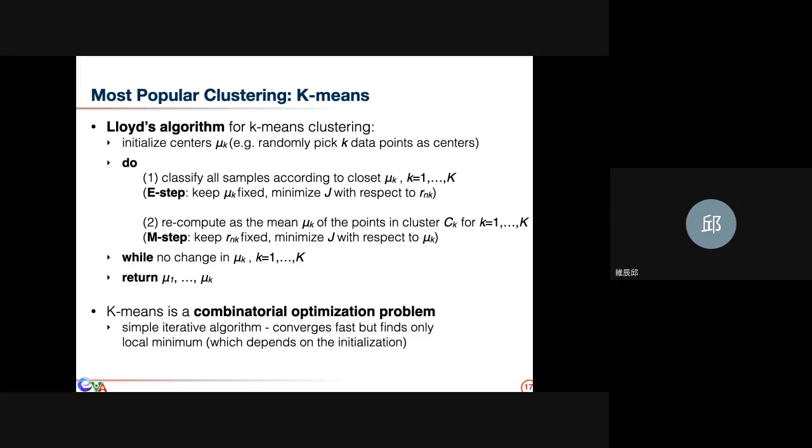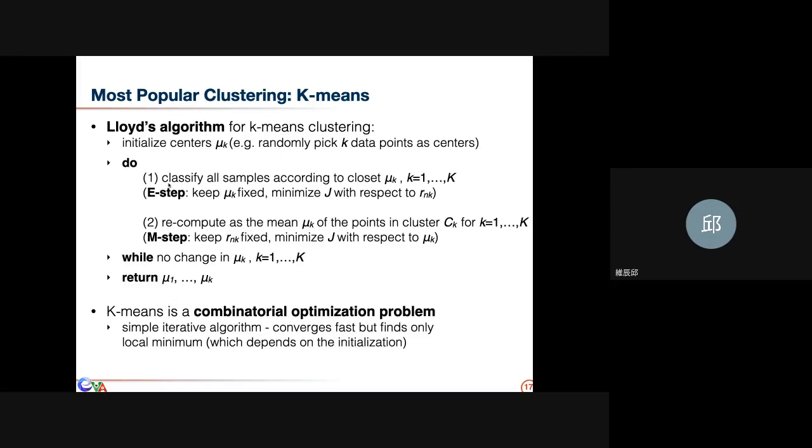Because we're trying to find out what kind of combination, right? The combination here in k-means is the combination of the data points into clusters. I'm trying to find a combination that is able to minimize a certain objective function.